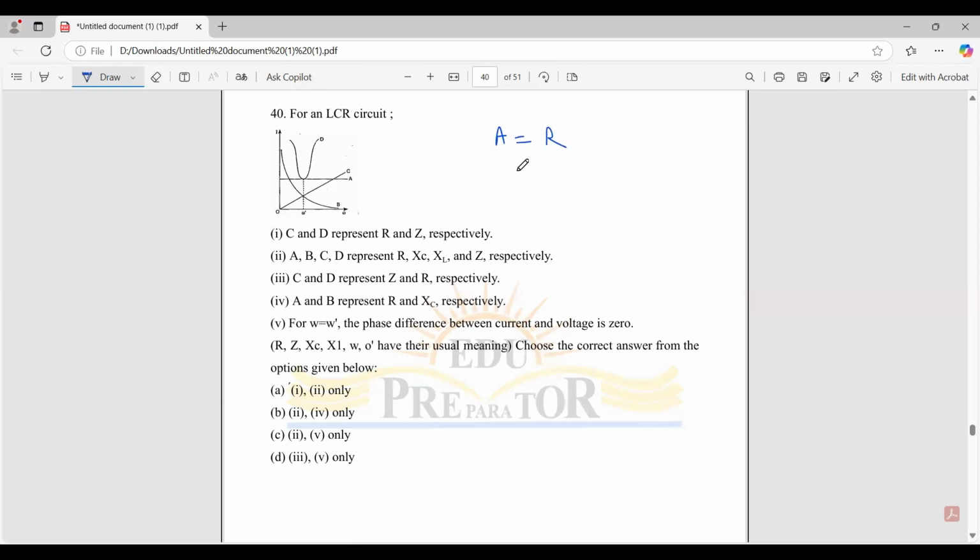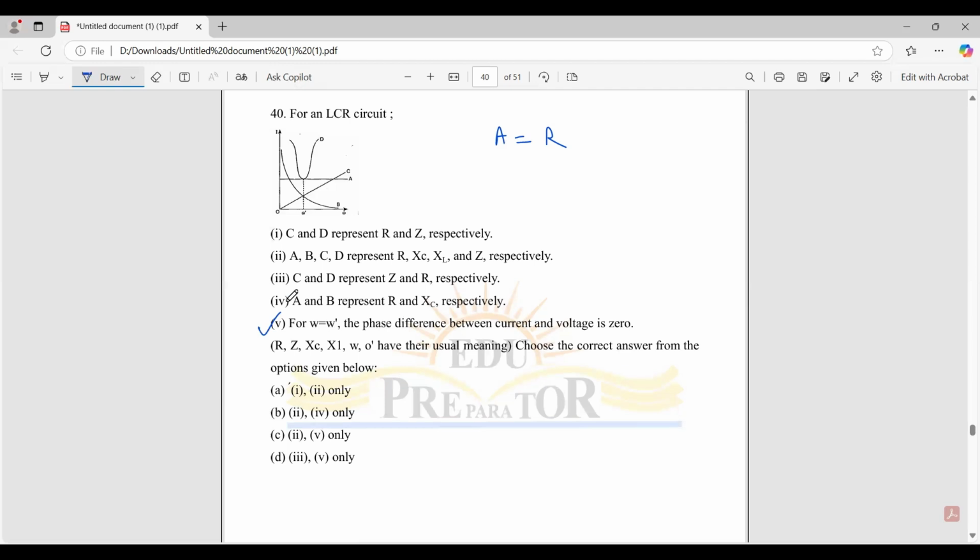Then, if you see the graph, you again find the relations for the currents and all. We find that at the value called resonance frequency, the phase difference is 0. You find this is the correct answer. The phase difference between current and voltage is 0, right? Then we find A as the resistance.